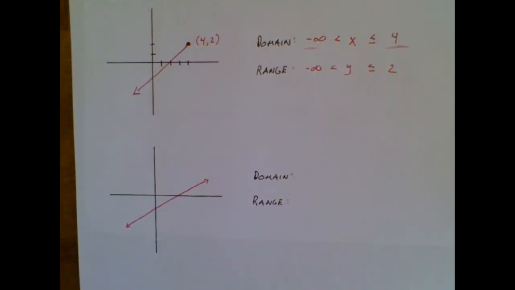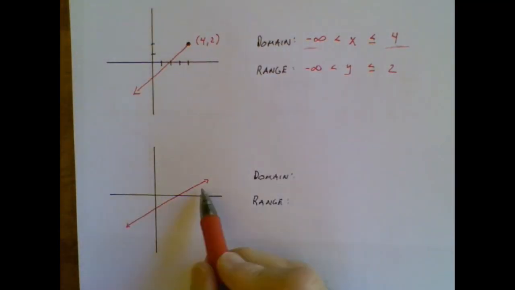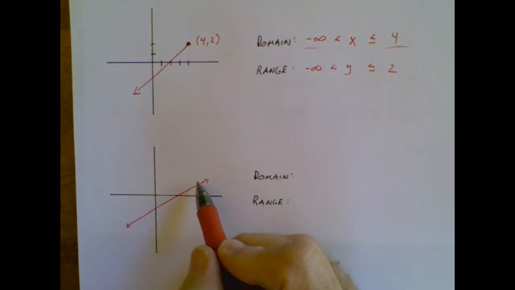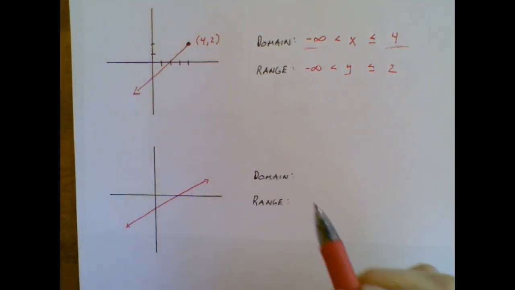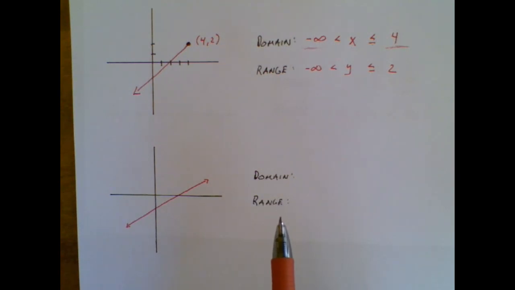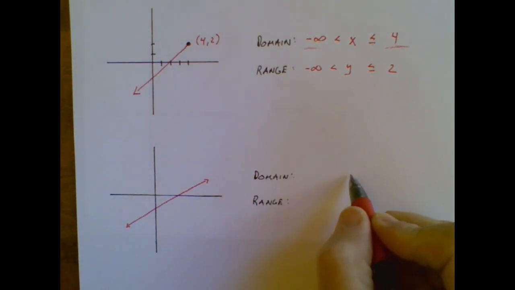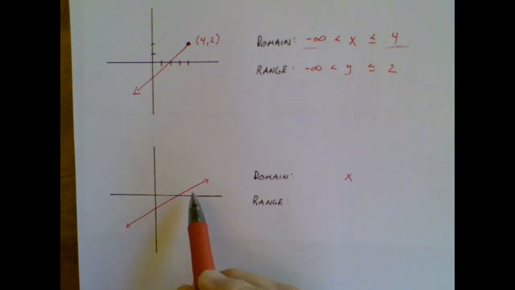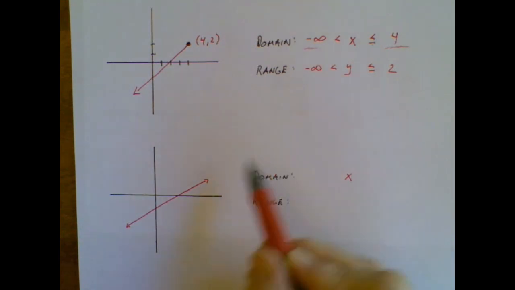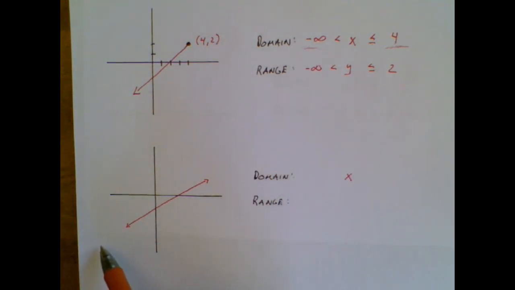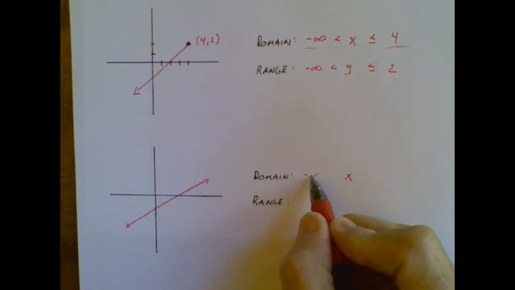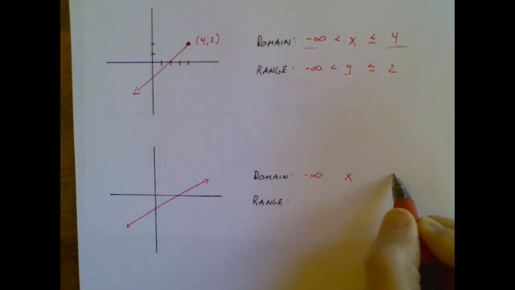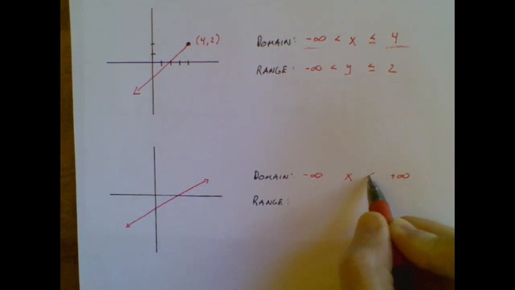Now if I use this graph but make one small change, which is instead of stopping at that point, it goes on forever, now I have kind of a unique dilemma. The domain is standing for the x values, and basically since my graph goes on forever in this direction and forever in the other direction, it's going to -infinity on the left and +infinity on the right.